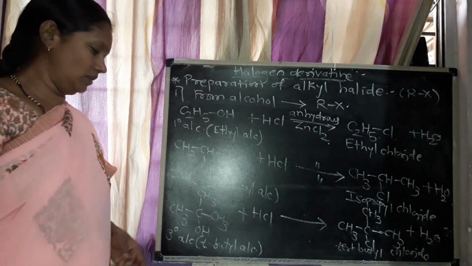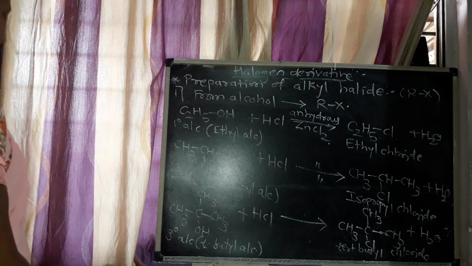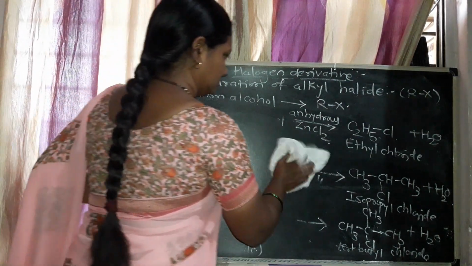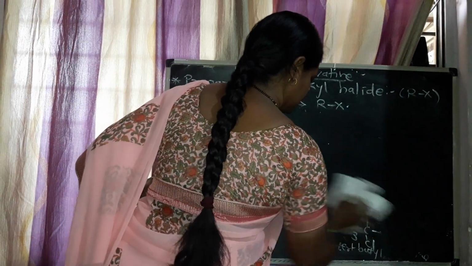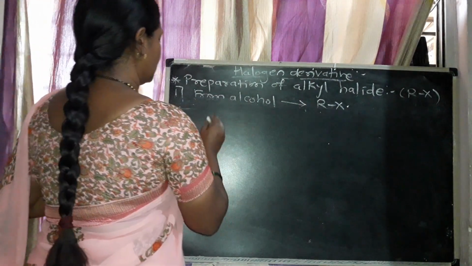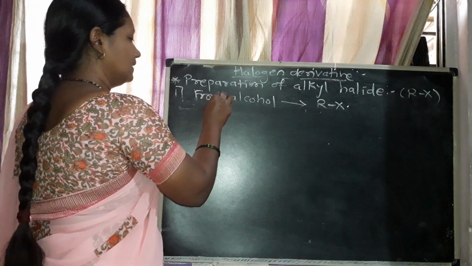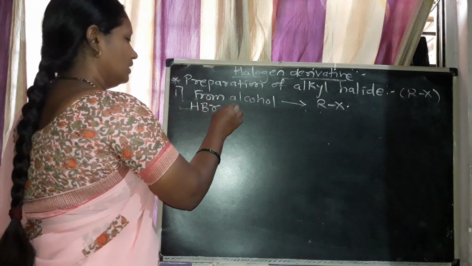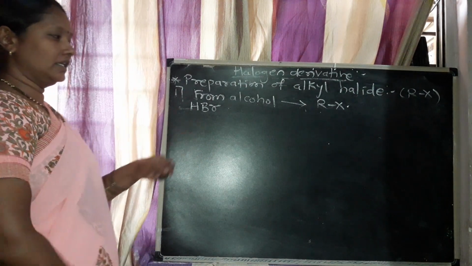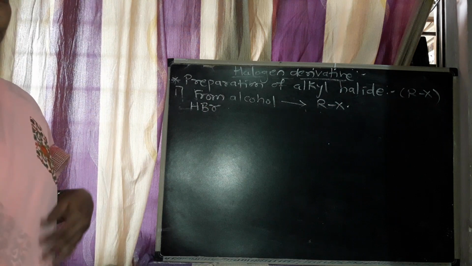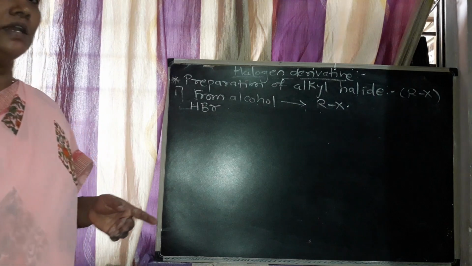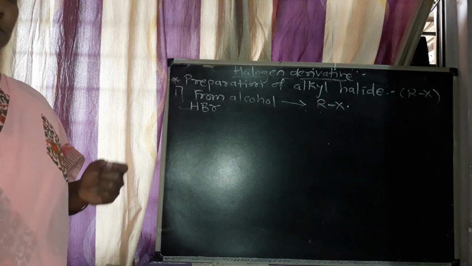Now from alcohol, reaction with HBr. When this alcohol is reacted with HBr, HBr is also less reactive, therefore a catalyst is required: NaBr and concentrated sulfuric acid.